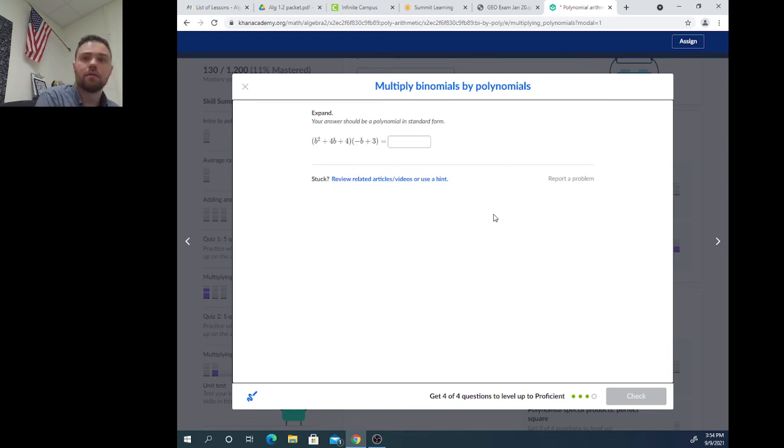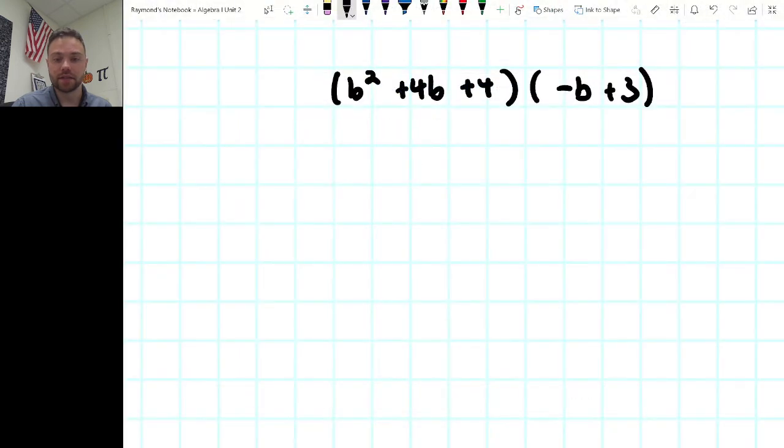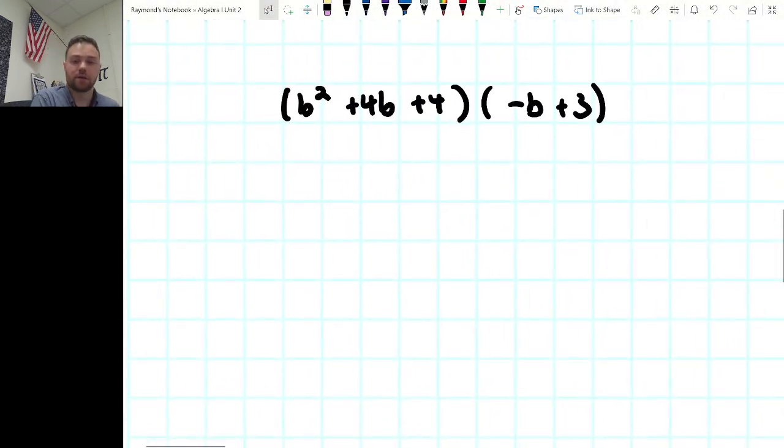So I've got b squared plus 4b plus 4 times negative b plus 3. And so you can work it out as is, but an easier way for me is just to distribute these two terms to all of these terms.